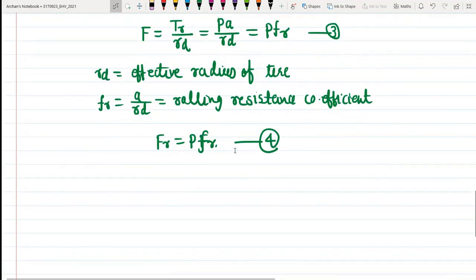Here P is the normal load acting on the center of the rolling wheel, right? When a vehicle is operated on a slope road, the normal load P should be replaced by the component which is perpendicular to the road surface.